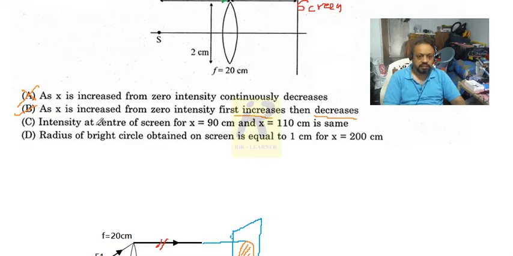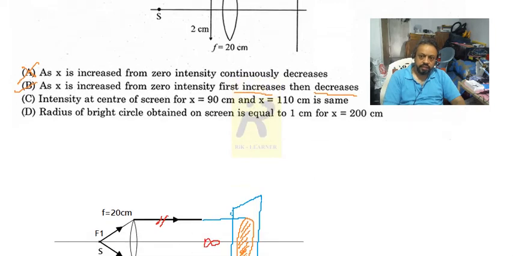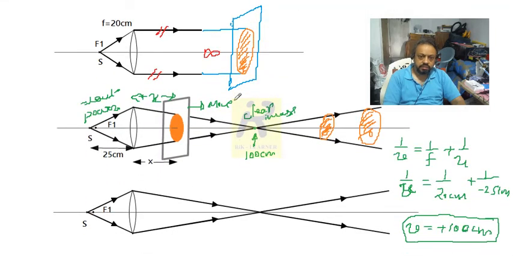Option C says intensity at the center of the screen for x is equal to 90 and x is equal to 110 centimeter is the same, right? Where do these actually appear? 90 centimeter is here, and 110 centimeter is here. These two points, 90 centimeter and 110 centimeter, are at an equal distance from 100 centimeter.